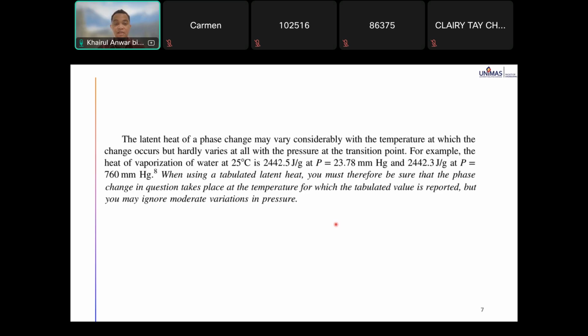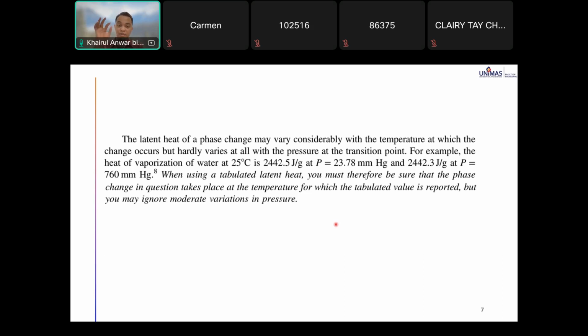So when using a tabulated latent heat, you must be sure that the phase change in question takes place at the temperature for which the tabulated value is given, but you may ignore moderate variation in pressure.